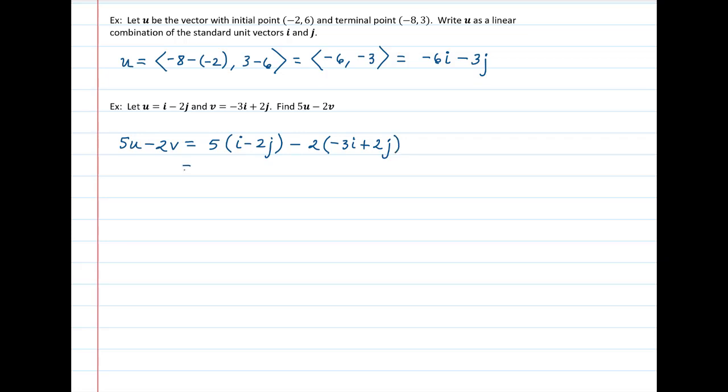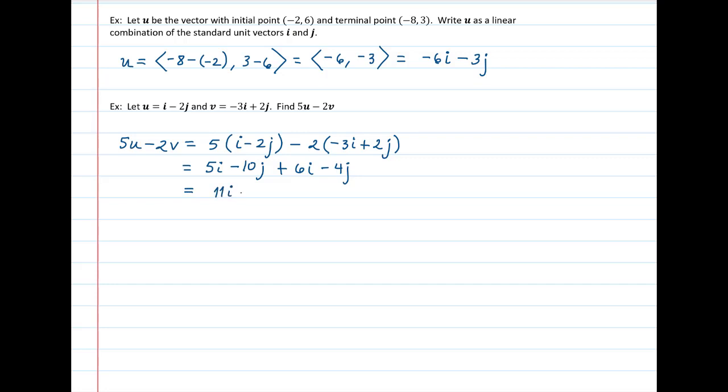So 5u minus 2v would be equal to 5 times (i minus 2j), which is vector u, minus 2 times (-3i plus 2j), which is vector v. You would treat this as a normal distribution. Notice that when we write a vector as a linear combination of i's and j's, there are no brackets, no commas.